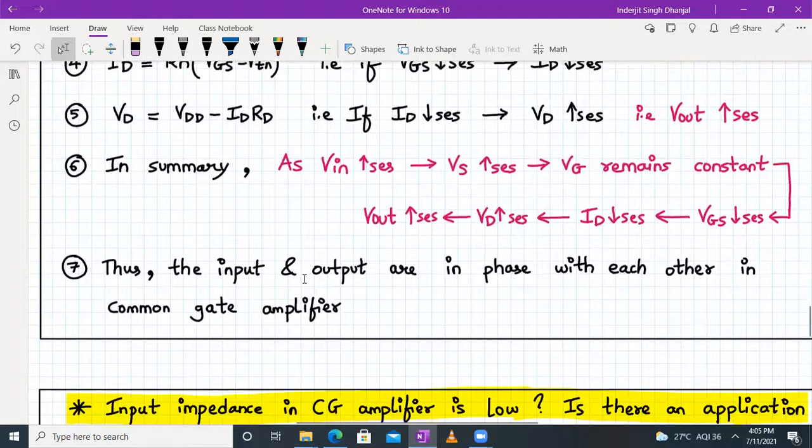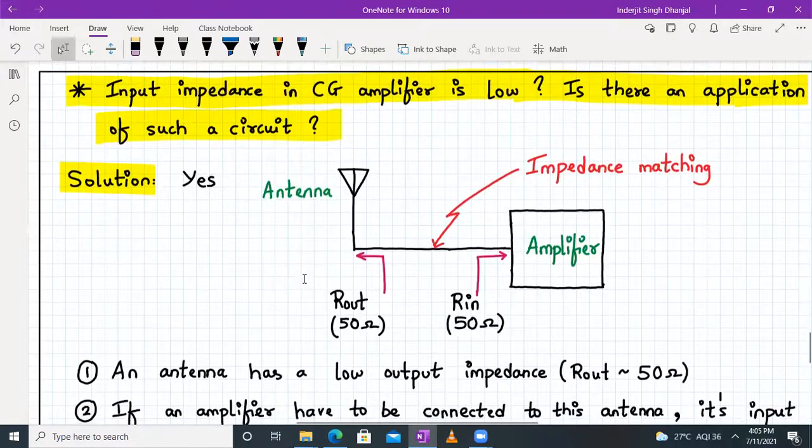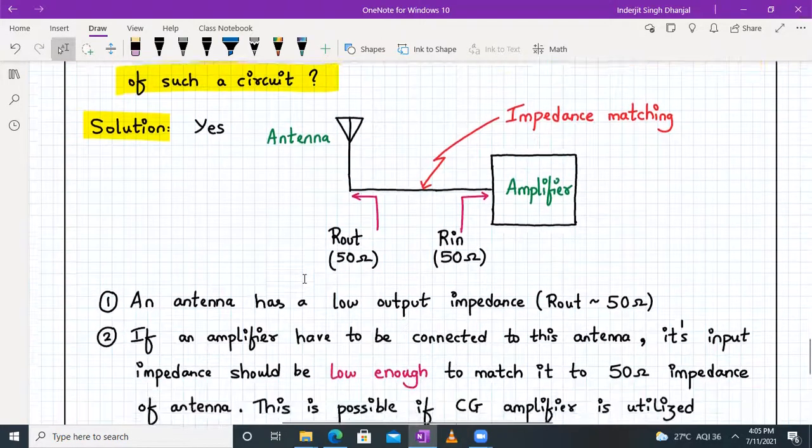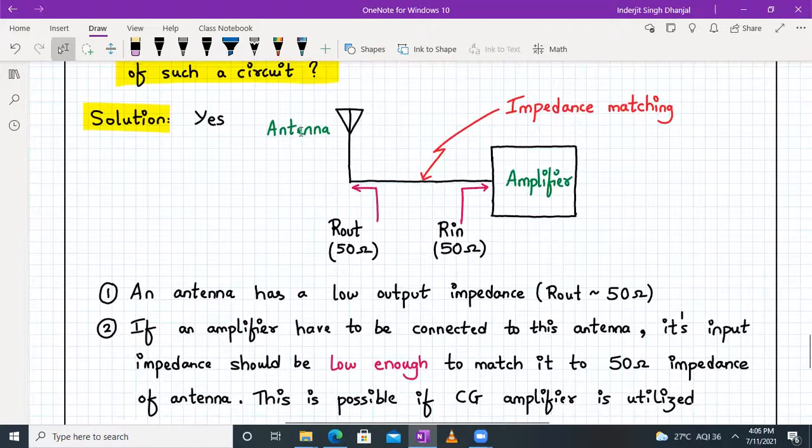Okay, so let's ask another question: the input impedance in a common gate amplifier is very low. Is there an application of such a circuit? The answer to this question is yes. Now look into this diagram over here. Here we have an antenna, and the antenna output impedance is normally 50 ohms.